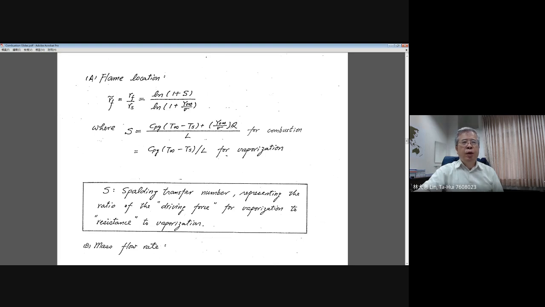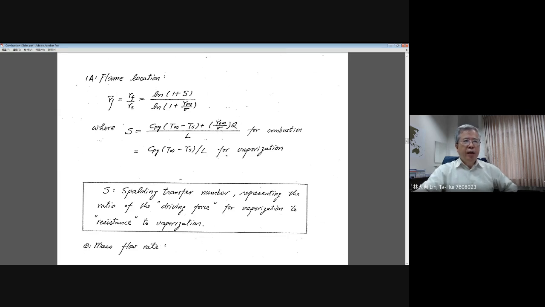But I will use this Y_O infinity divided by sigma. Actually, this corresponds to how much oxygen should be used to burn out 1 kilomole of fuel. Sigma represents the stoichiometric ratio, as we mentioned very early in the class.